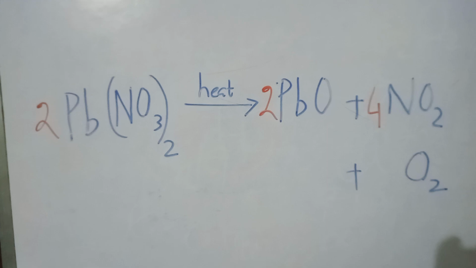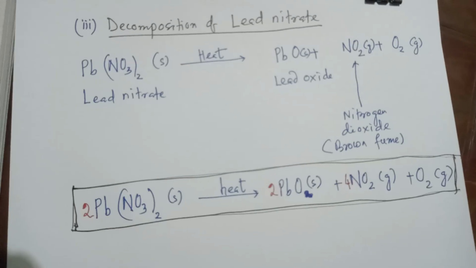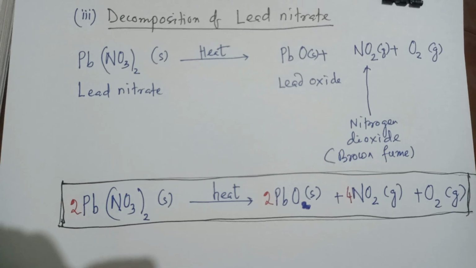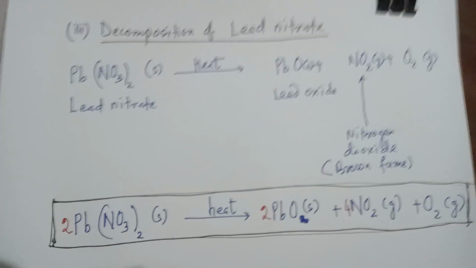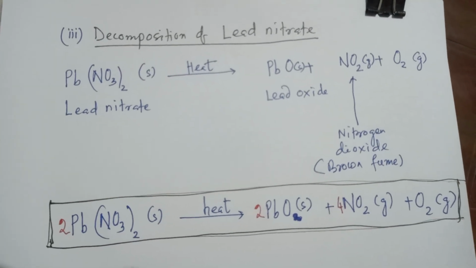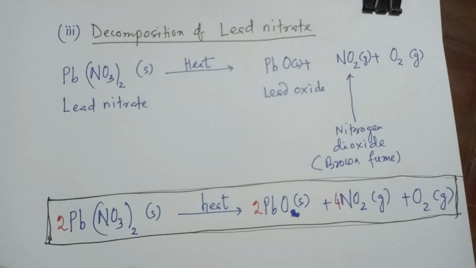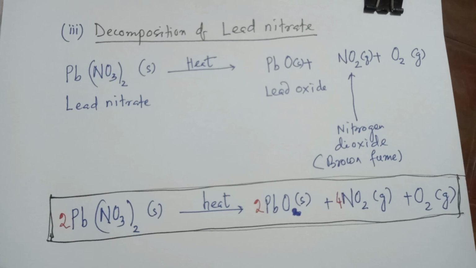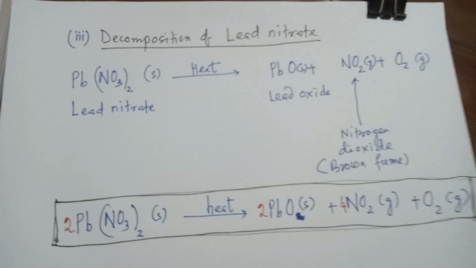Hence the equation is now balanced. So this is also one example of a decomposition reaction where lead nitrate is broken into lead oxide, nitrogen dioxide and oxygen.